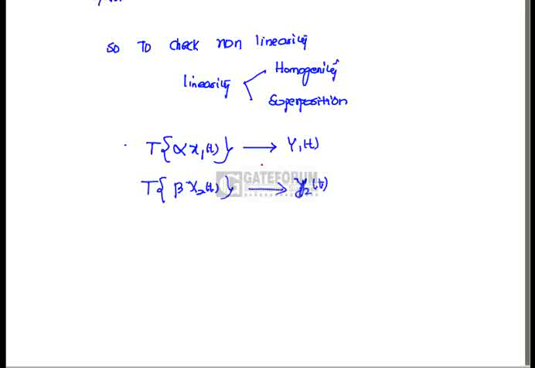For a given input x1(t), the output is y1(t). For a given input x2(t), the output is y2(t).